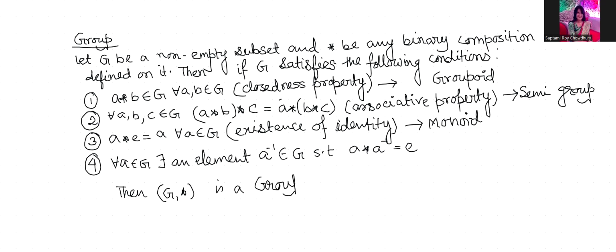It is called an abelian group, or commutative group, if a star b equal to b star a.